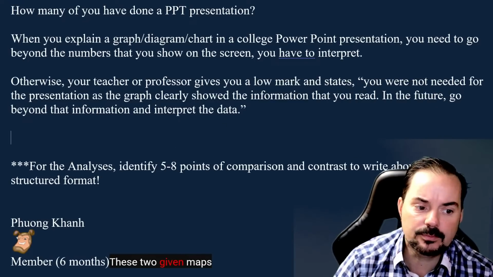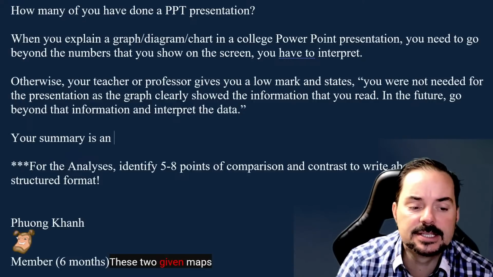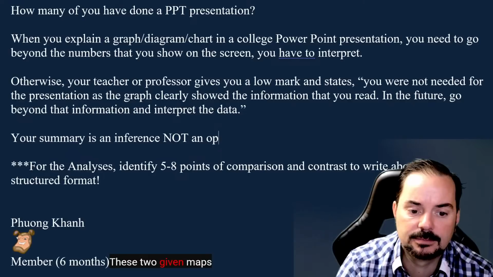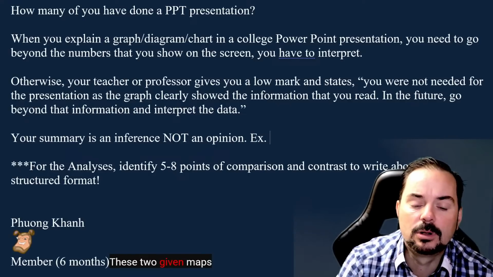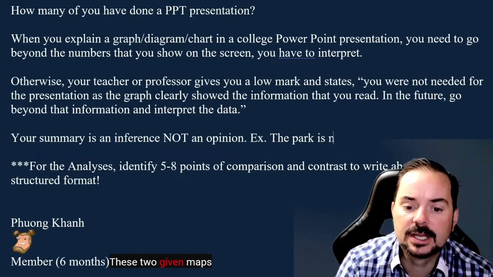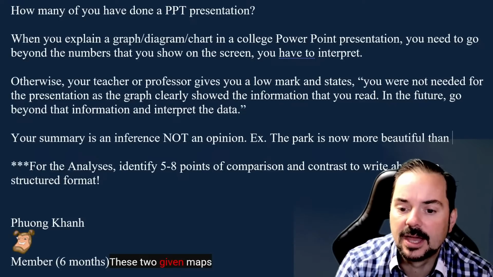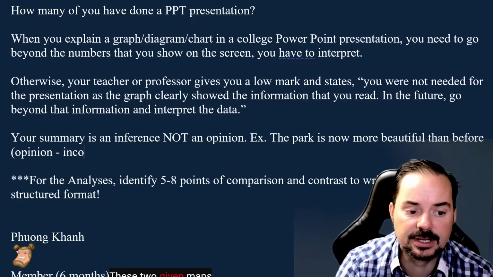So your summary is an inference, not an opinion. For example, the park is now more beautiful than before. This is opinion, and it is considered incorrect in academic writing.